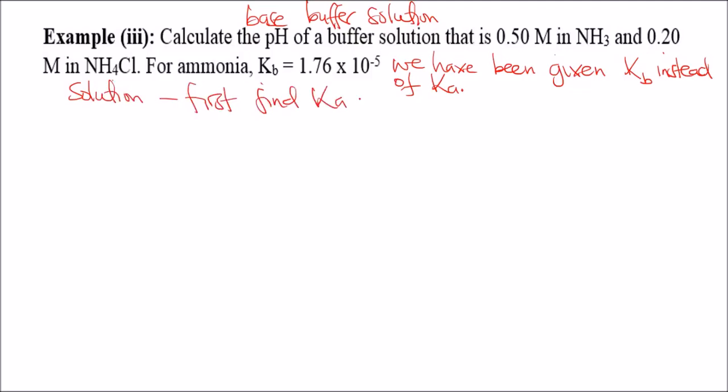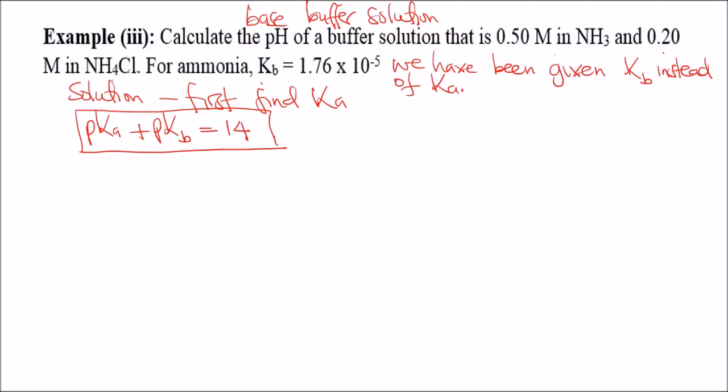How do you do that? We have an equation: pKa plus pKb is equal to 14. You need to keep this important equation because it will give us the Ka that we want to use in the HH equation.